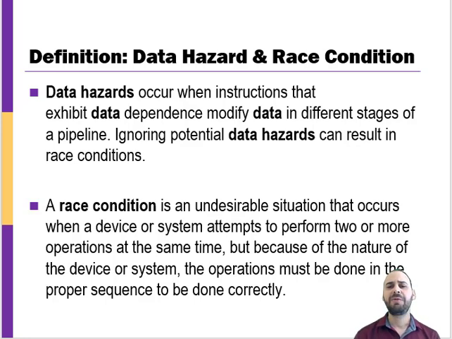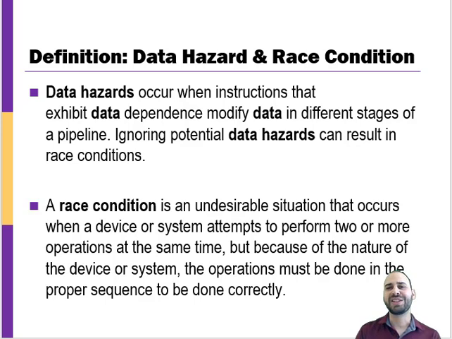If we don't deal with data hazards, we have a problem called a race condition, in which we have two operations that are trying to modify something or use a resource at the same time, with one thing updating it before the other is able to read it properly, or vice versa, right?